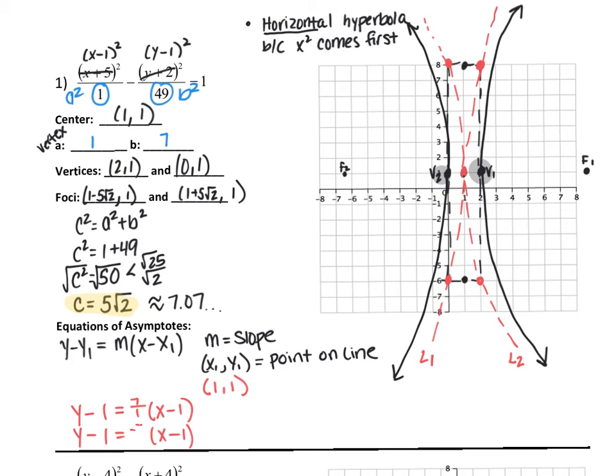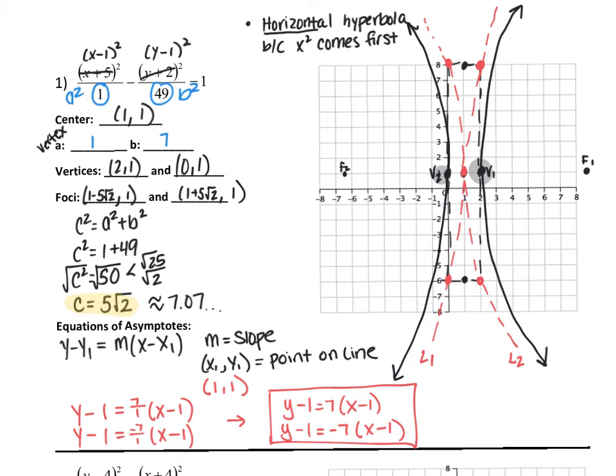So down 7 would be negative 7, right 1 would be positive. And if you just want to make them nice and simple, it would be y minus 1 equals 7 times x minus 1, and y minus 1 equals negative 7 times x minus 1. And those would be your equations of your asymptotes.